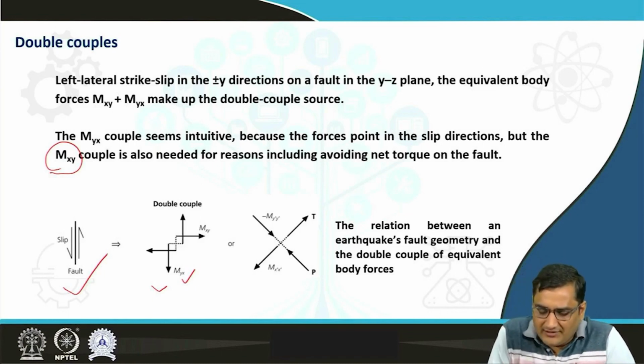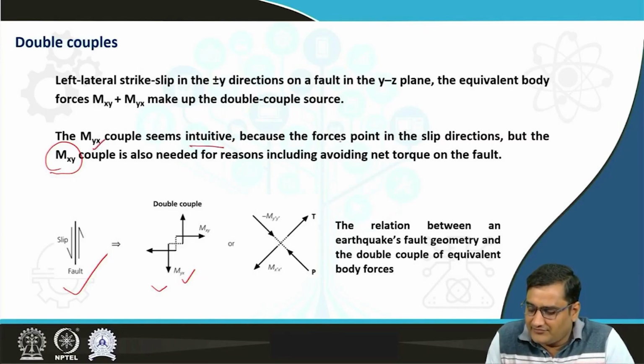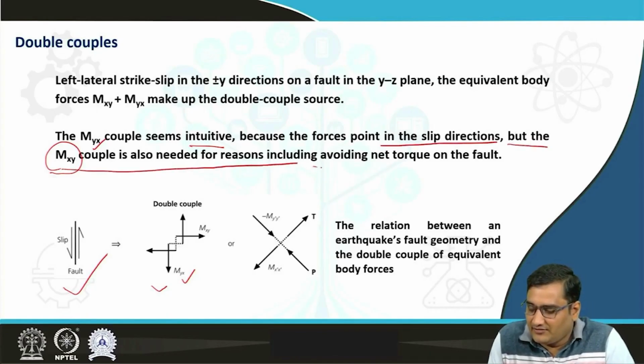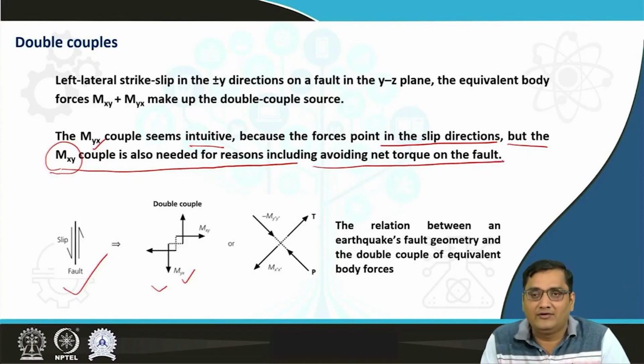So this is what is written. The Myx couple seems intuitive because the force points in the slip directions, but the Mxy couple is also needed for reasons including avoiding net torque on the fault.